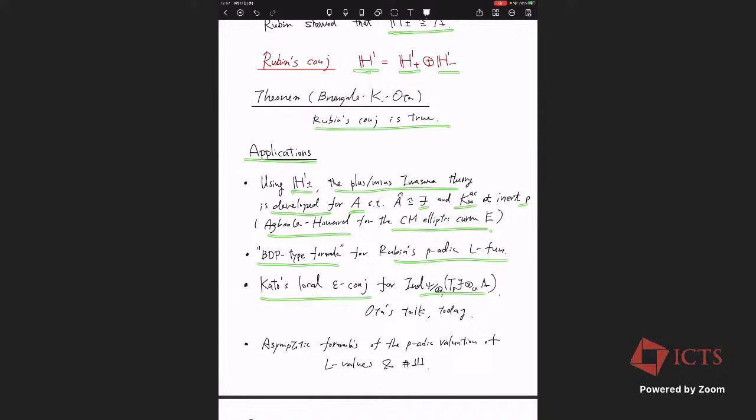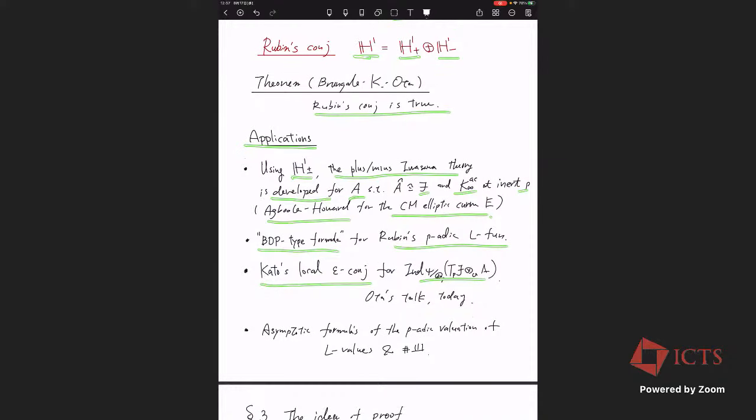This is the topic of Ota's talk today. And we also give some asymptotic formula for the p-adic variation of L values. So actually, Rubin's conjecture is fundamental, and we can deduce many things from it.